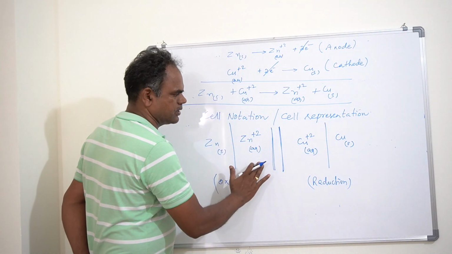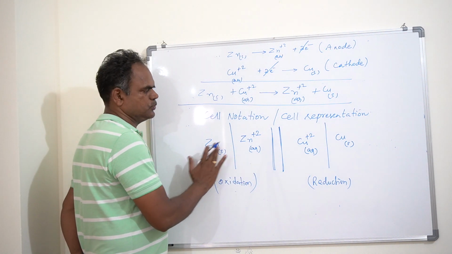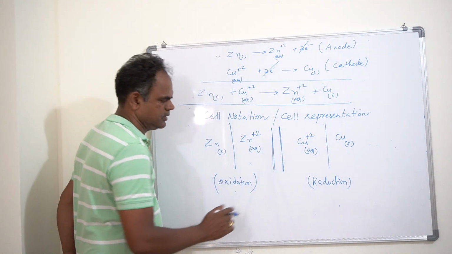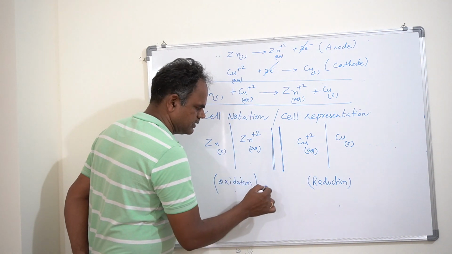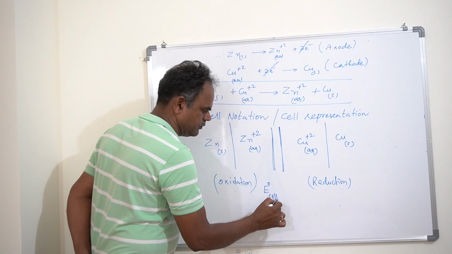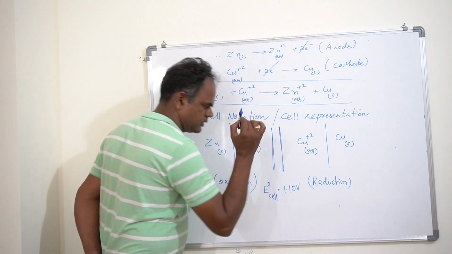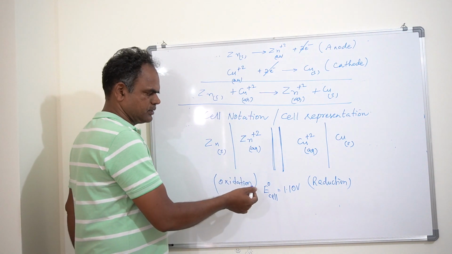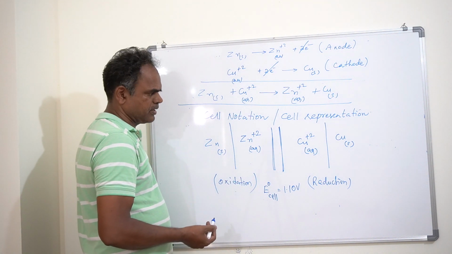Both are separated by a salt bridge. When zinc changes into Zn²⁺ ions and cupric ion changes to copper metal, during this reaction EMF or standard cell potential is generated, which is equal to 1.10 volts.